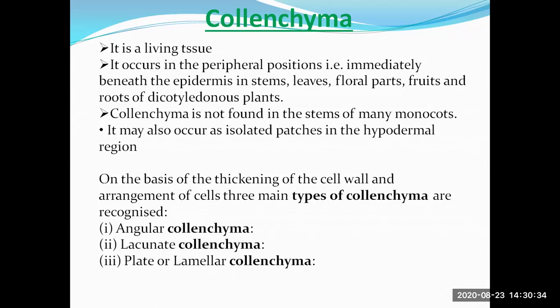Also, generally we will see this just above the vascular bundles, sometimes below the ridges or sometimes furrows. Collenchyma is generally derived from the apical meristem, cortical cells and procambium.